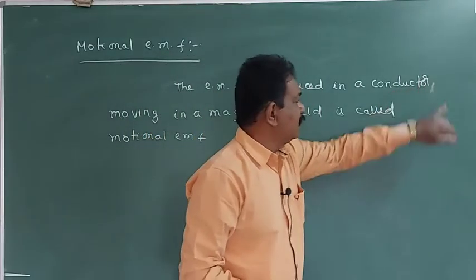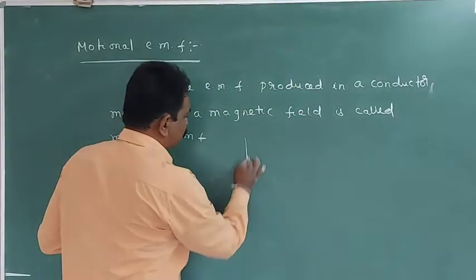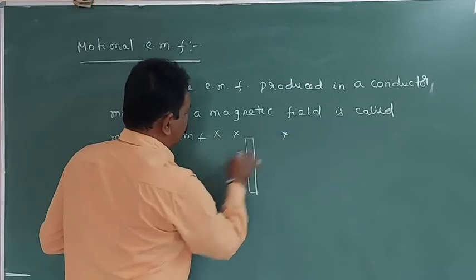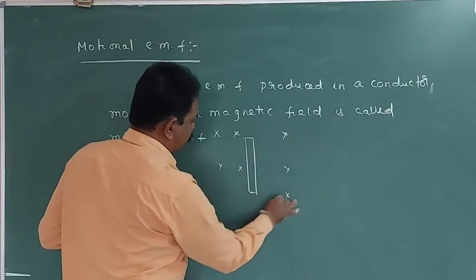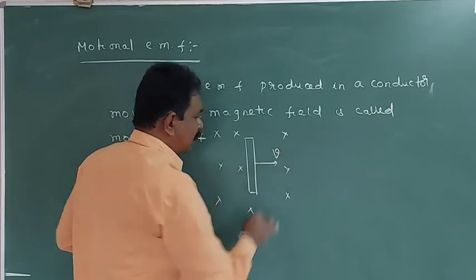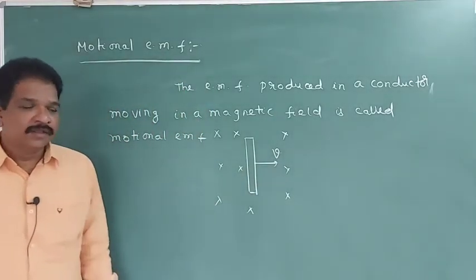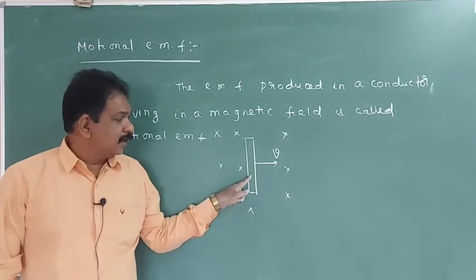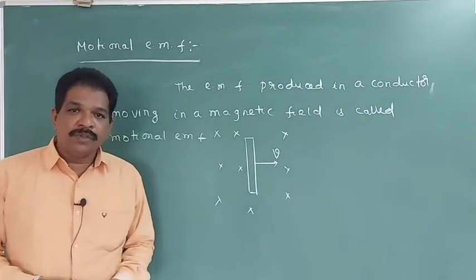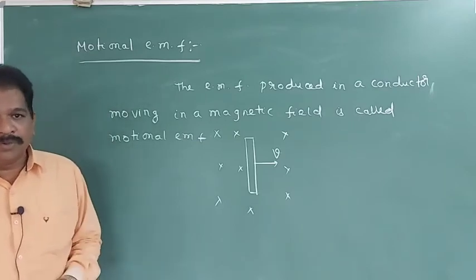So, a conductor is there, and a magnetic field is there. In this magnetic field, this conductor is moving. Then in this conductor, current will be produced, and EMF will be produced.